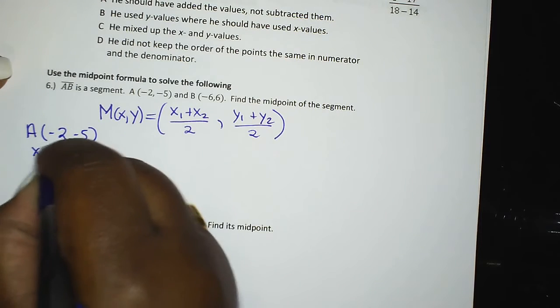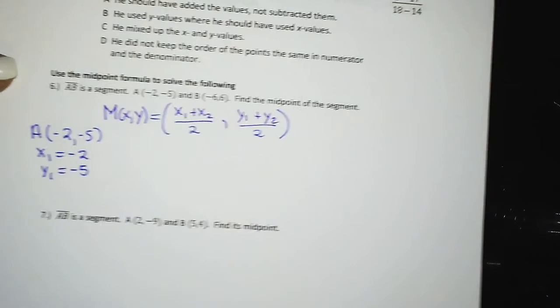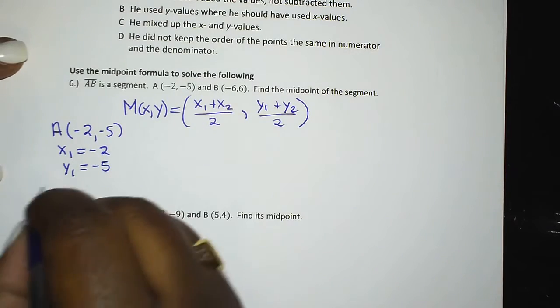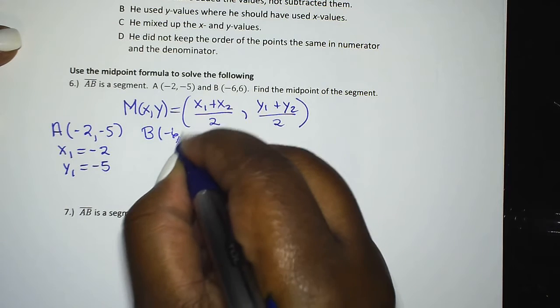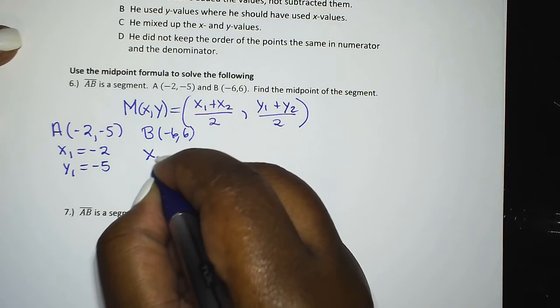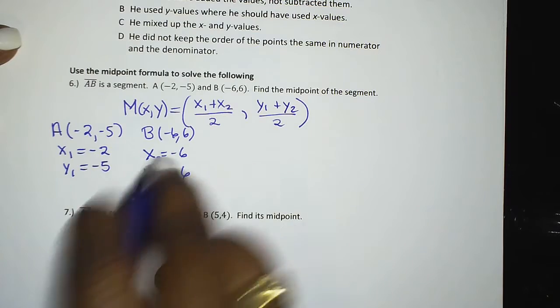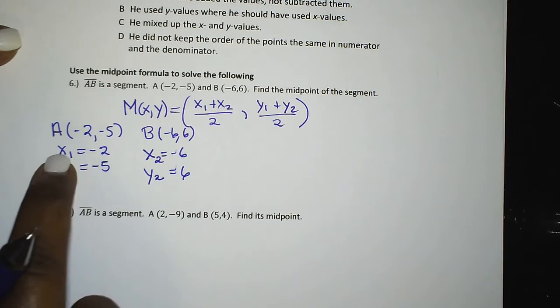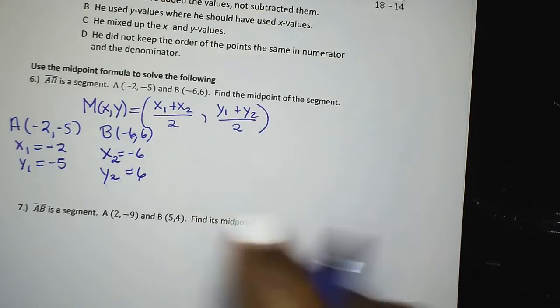So that means x1 is equal to -2 and y1 is equal to -5. The B value is located at -6, 6. So that means x2 is equal to -6, y2 is equal to 6, because that's my second point. So that's what the subscript means. This is my first point, this is my second point.